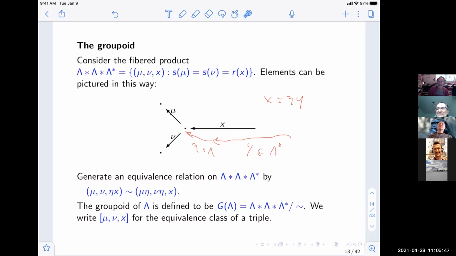Thanks. Yeah, so I just want to respond to one of Alex's comments. In the non-row finite situation, this is why you have to include, say in the case of a directed graph, the vertices with infinite valence in the unit space. And it doesn't violate the compactness versus local compactness. It's just what makes it locally compact at all.